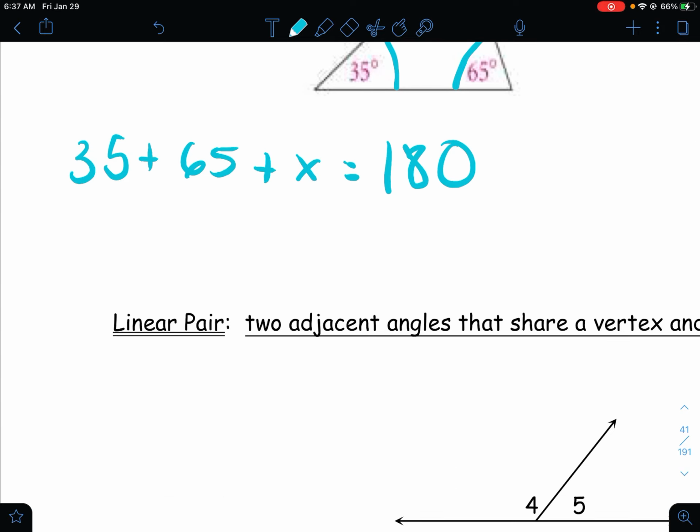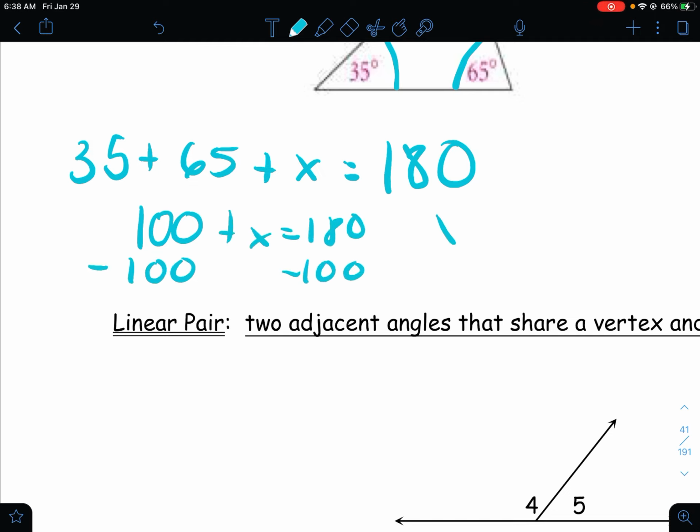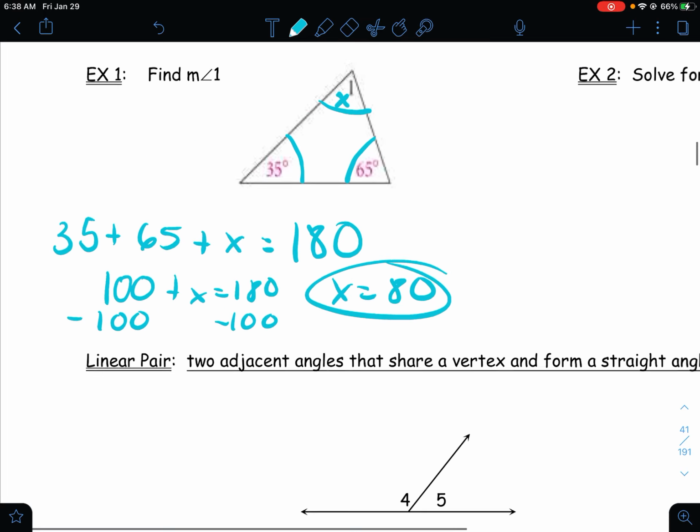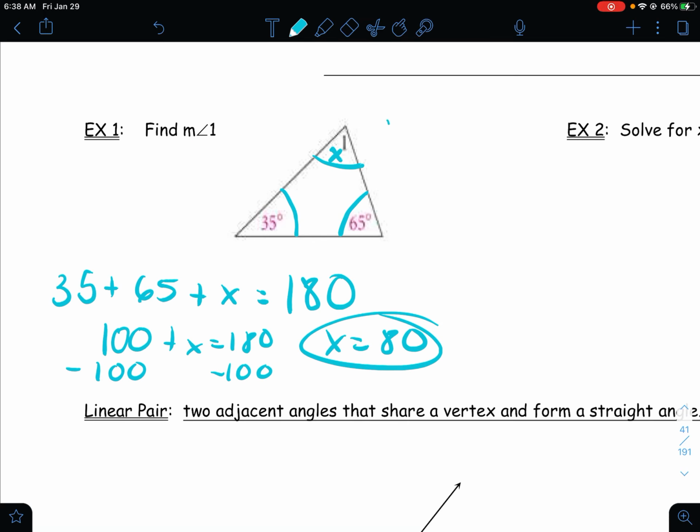So then we could go ahead and solve for x. So we'll do 65 plus 35 and we end up with 100 plus x equals 180. Then you would just do minus 100. You get x equals 80. All right, so we would say angle M equals 80 degrees.